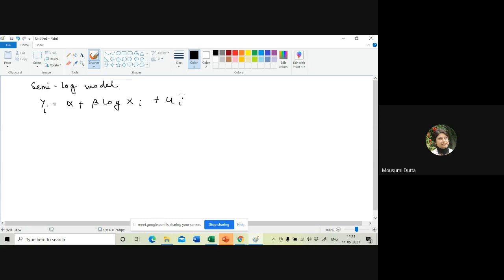You did all these things in your micro, especially in case of production. So first tell me what will be the functional form. After that we will discuss the regression format. What is the possible functional form?